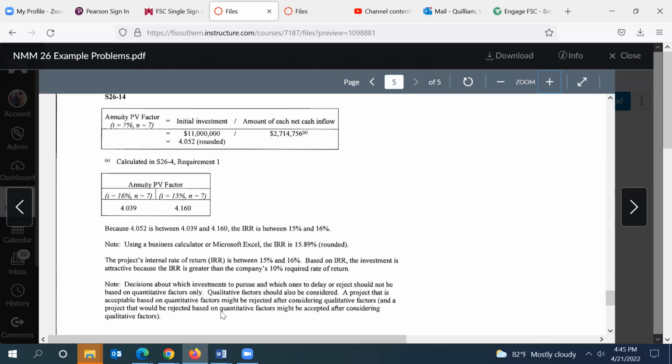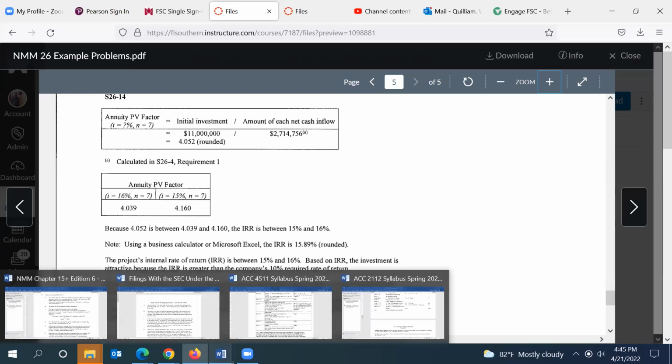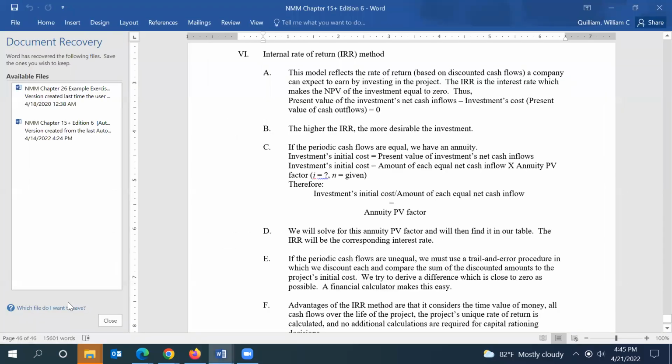We'll make more comments again about qualitative and quantitative factors. Any questions here about the calculation? So now if I come back to the notes, looking at why I skipped.